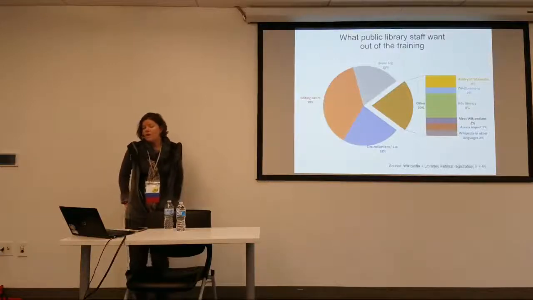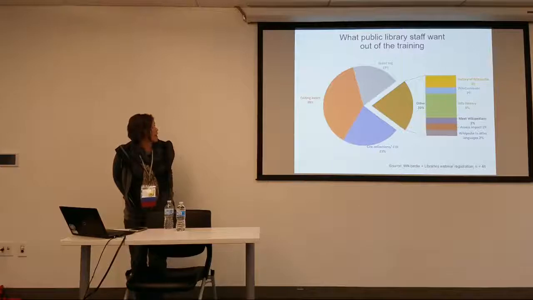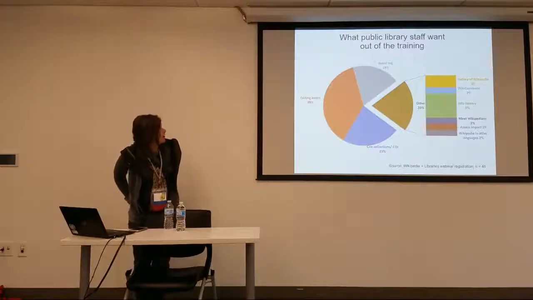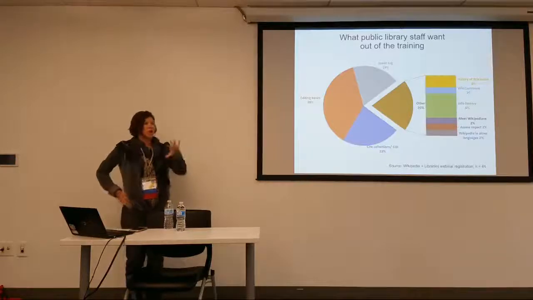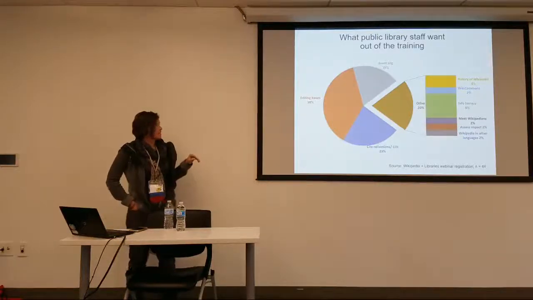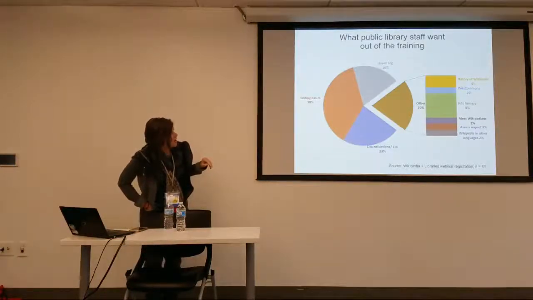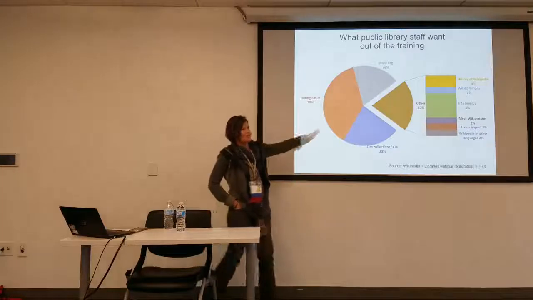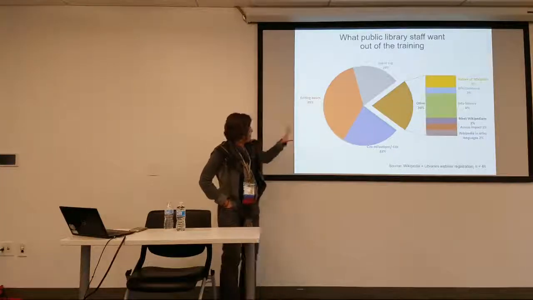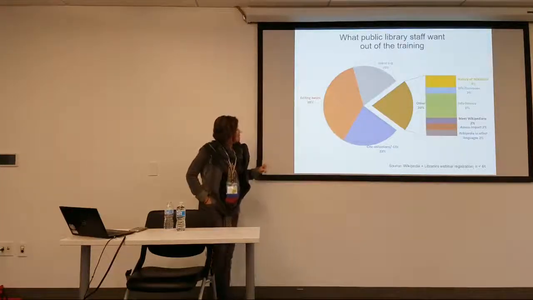Okay, so at the beginning of our course, we did a survey about what staff wanted out of the training, and we've talked about in this group what people want. If you were the survey, a big chunk of this would be Wikidata. That would be different.